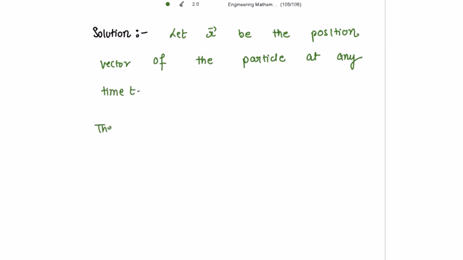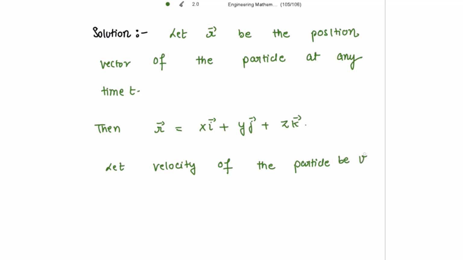Then what is r vector? The position vector is xi vector plus yj vector plus zk vector. Right? Let v vector be the velocity of the particle, and acceleration of the particle be a vector.